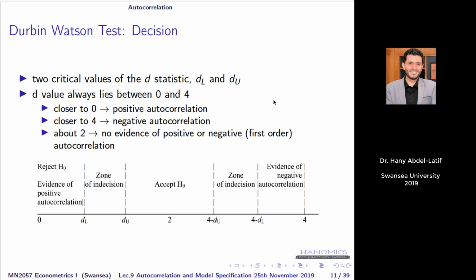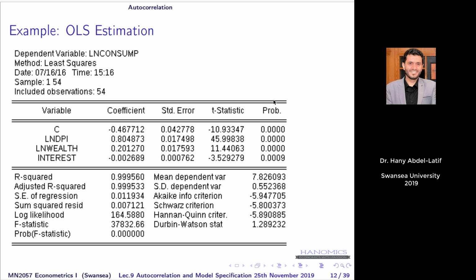So in our estimation, we have the Durbin-Watson statistic. If you look at the last one here, it's 1.2.